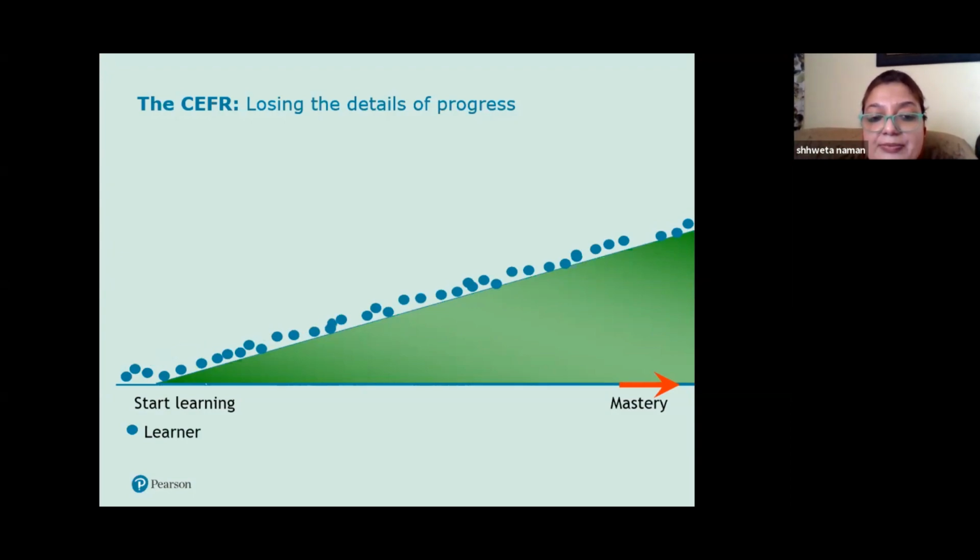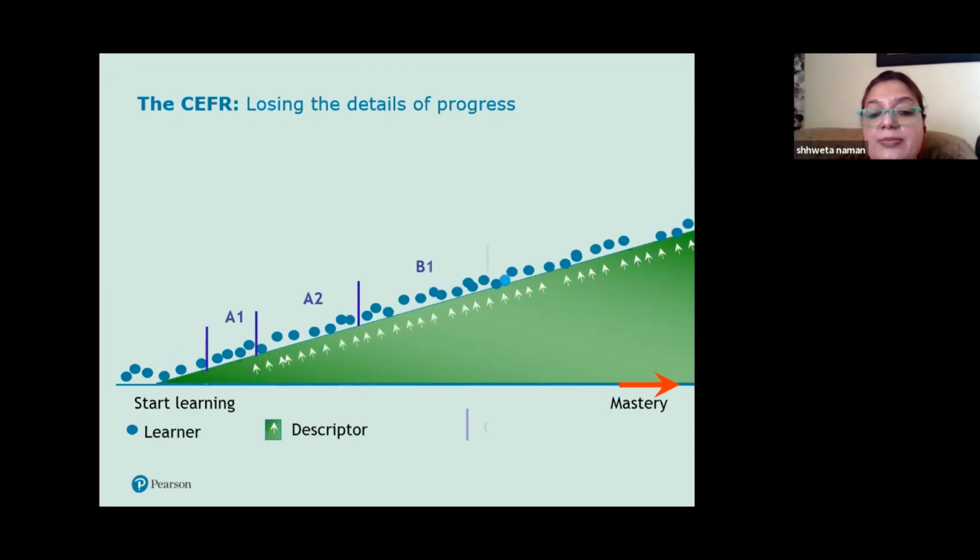So what we did, we came up with the GSE, the Global Scale of English. The main objective of GSE was to extend the CEFR by pinpointing on a scale from 10 to 90 on 4 skills, that is LSRW: listening, speaking, reading, and writing.